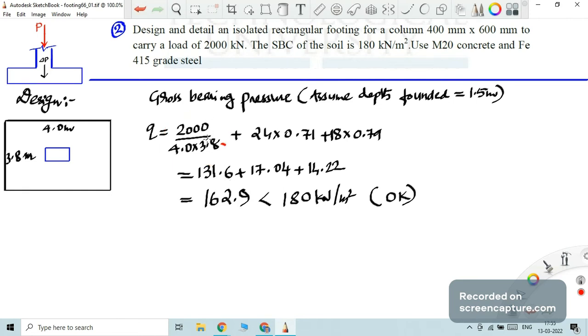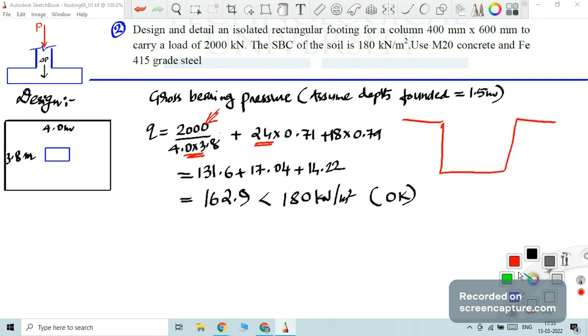So if you calculate that, the gross pressure is the load on column divided by footing size plus, as I told in the last class, you have this footing here.